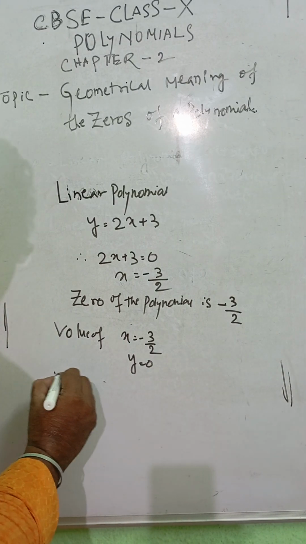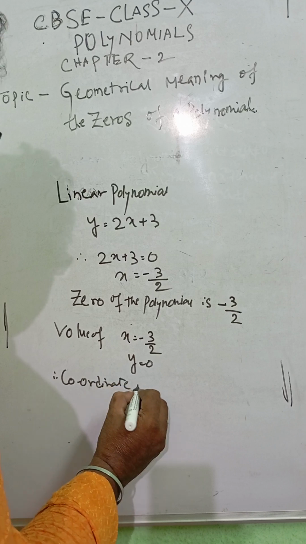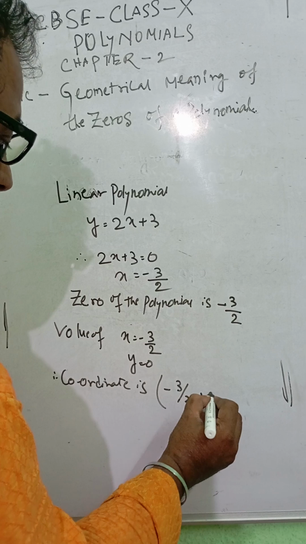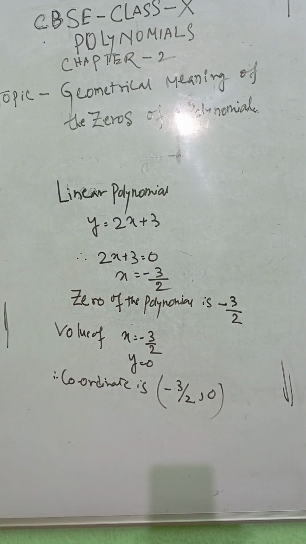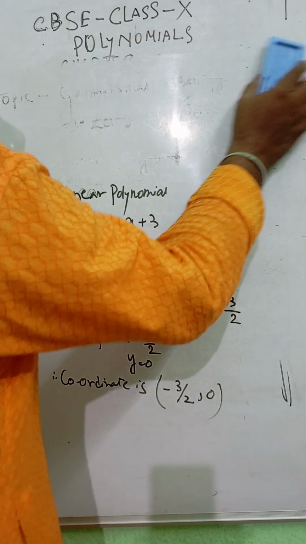Therefore the coordinate is minus 3 by 2 comma 0. Now how do we represent the graph? It's very simple. Clear?